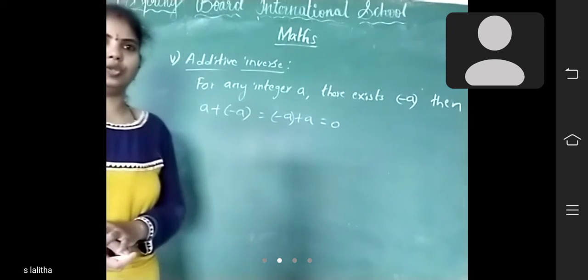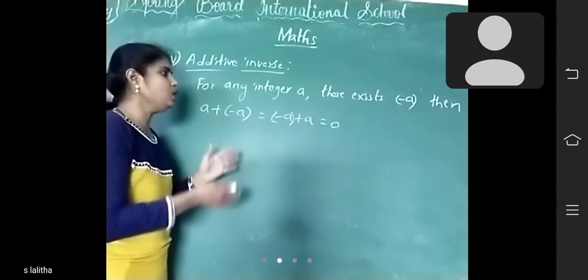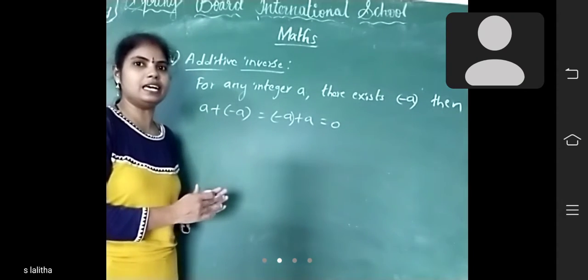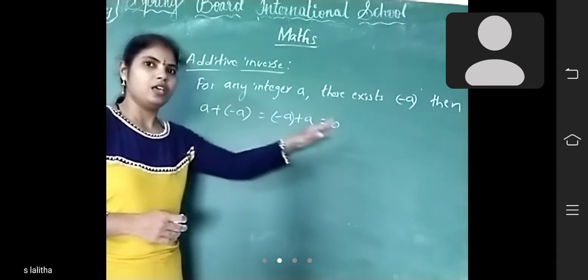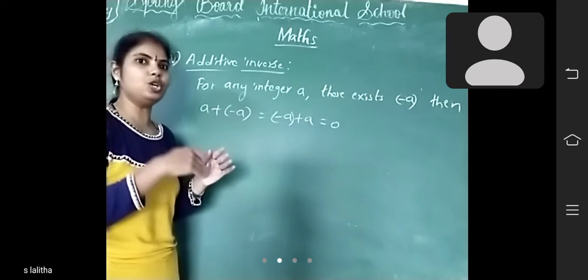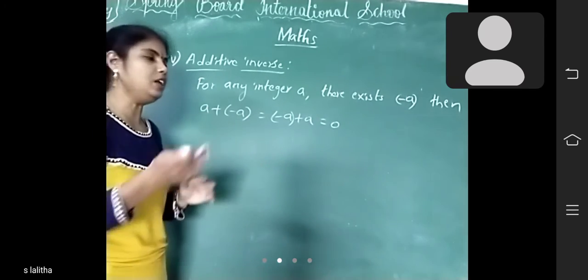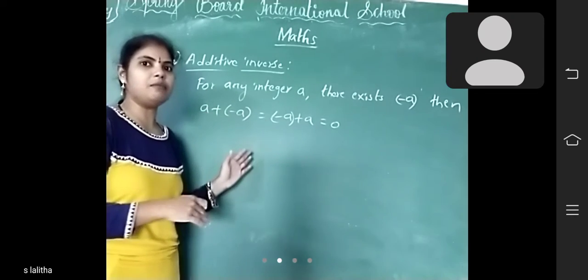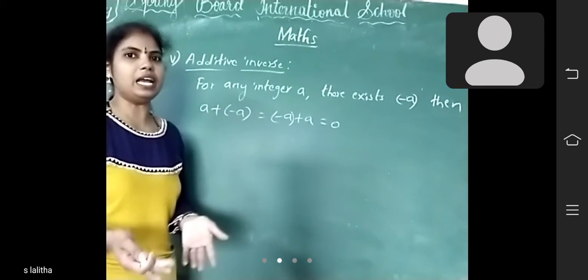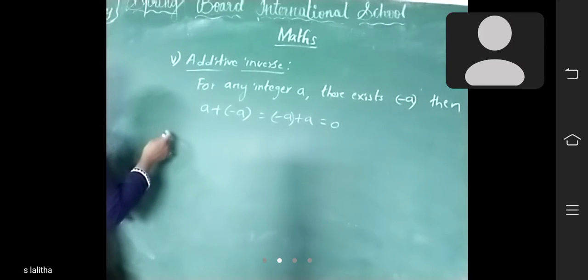Which number should you add to that integer to get the answer 0? If it is a positive integer, you should add a negative integer, and we will get 0. Like that, if you have a negative integer, you should add a positive integer, and we will get 0. That is the additive inverse.